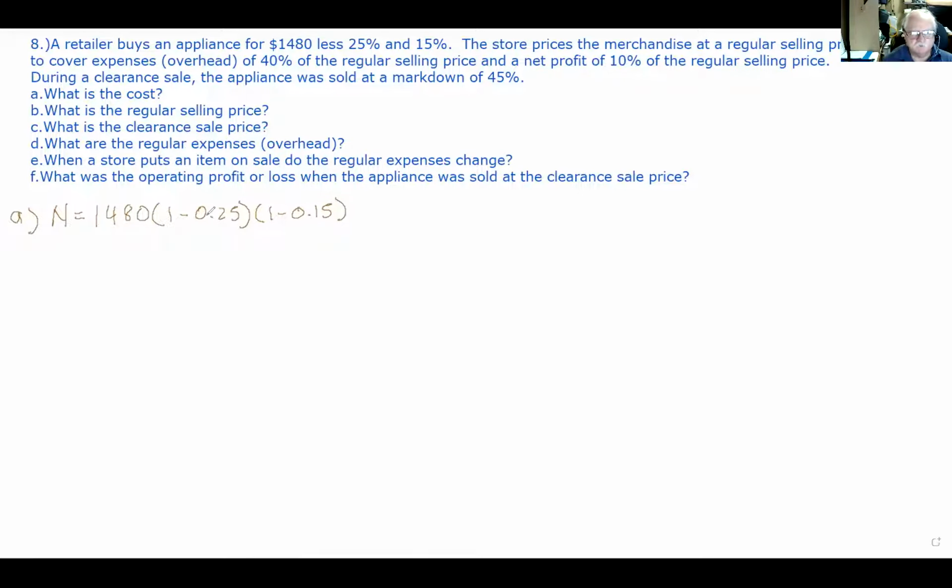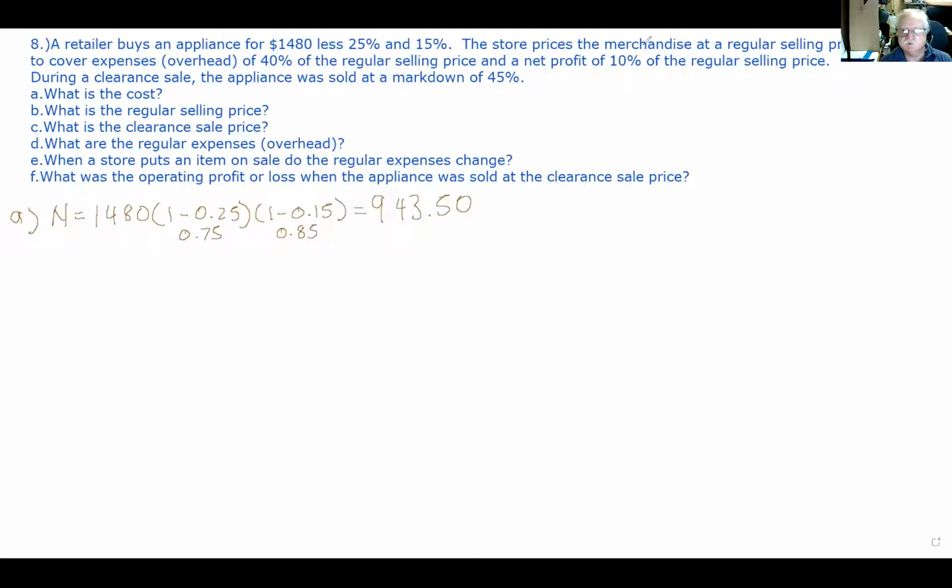So figure out what these really are, 0.75 and 0.85, and multiply that out to get their cost. 1,480 times 0.75 and times 0.85. So I'm getting 943.50. So that would be part A.